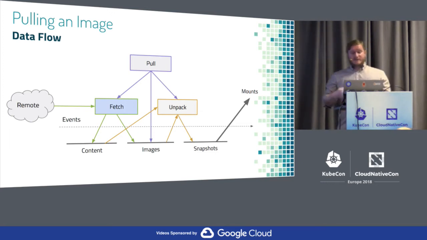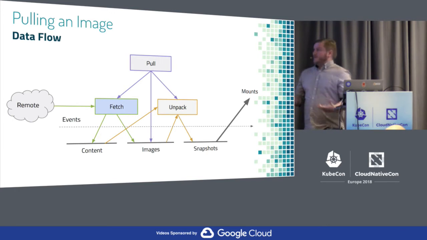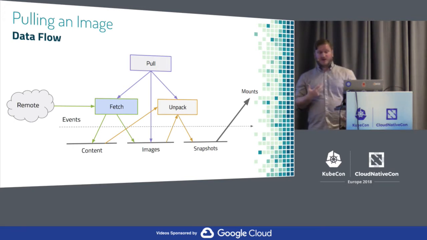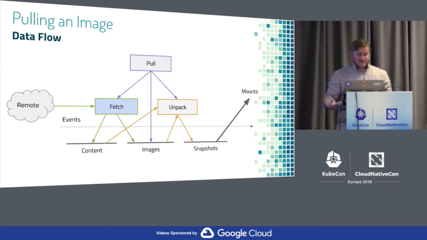When you say pull, you're going to start doing two things. Your first operation is to fetch the image data from a remote and register it with the content store, which is where we securely store all of the image metadata, all of the image layer files, manifests, manifest lists, etc. And then we register that with the image store.